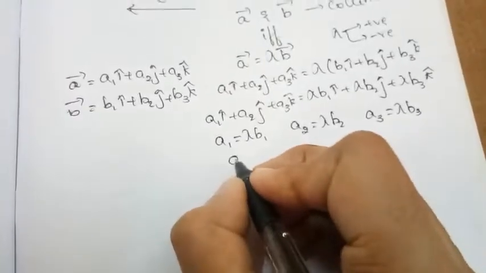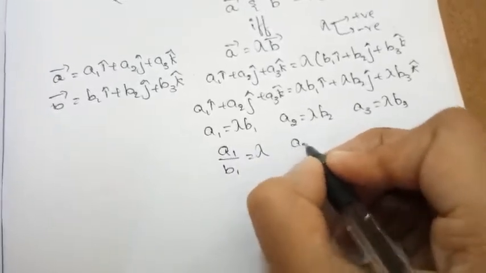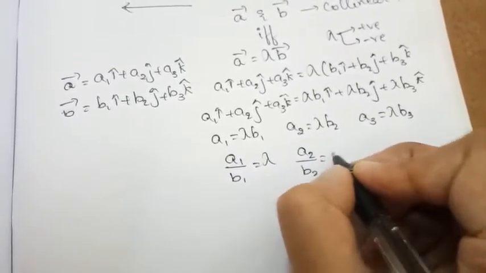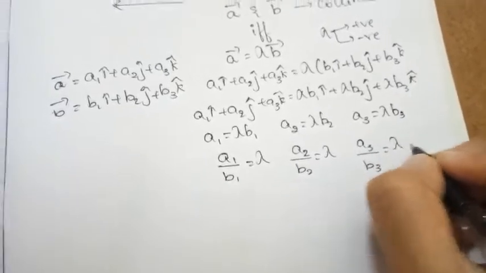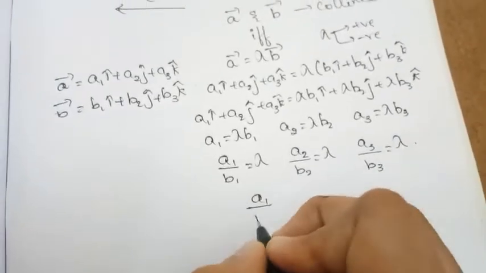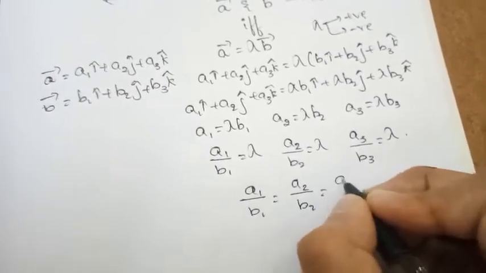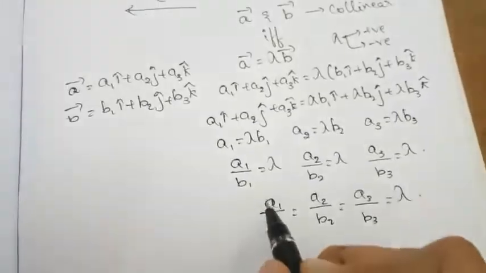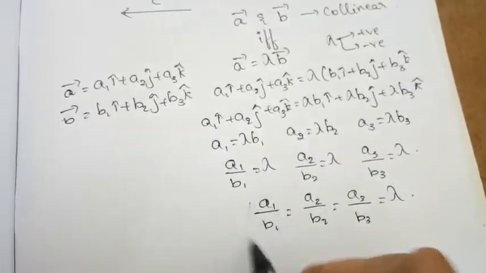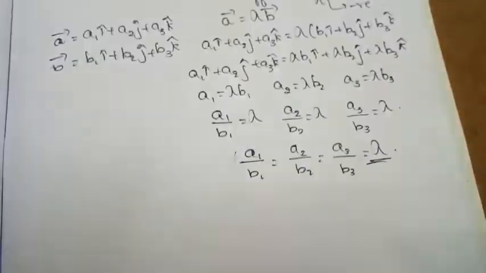If I take the ratio of a1 by b1, which is equal to lambda, a2 by b2, which is equal to lambda, a3 by b3, which is equal to lambda, that is nothing but a1 by b1 is equal to a2 by b2 is equal to a3 by b3, which is equal to lambda. So the corresponding components are proportionate by some lambda.